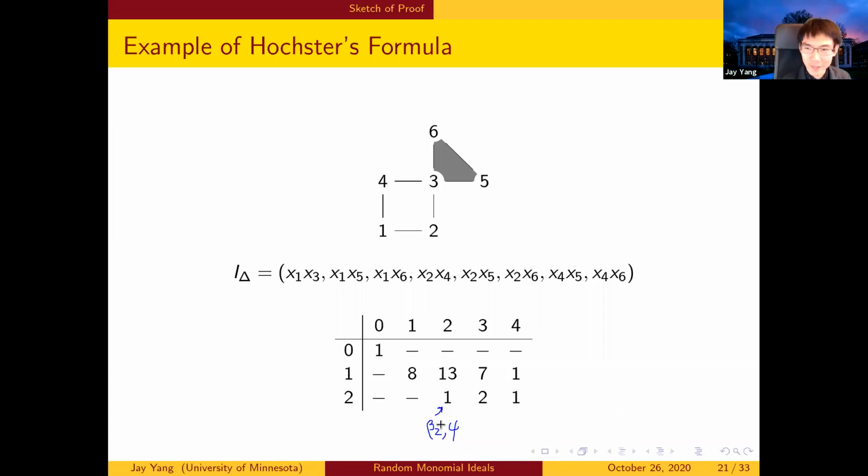It's off by 1, but we need H_1 on 4 vertices. If you look at this, there's one subgraph right here which has H_1 and has 4 vertices. So this has H_1 equal to 1, and this gives you this entry 1 right here.